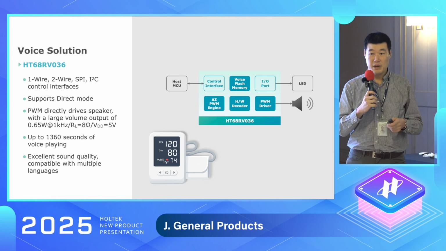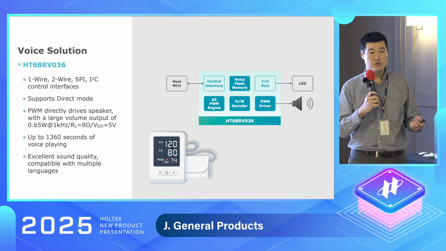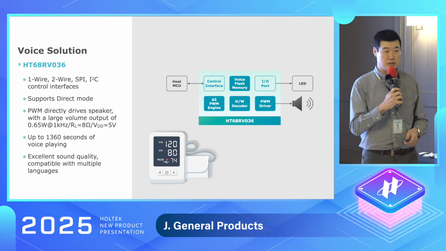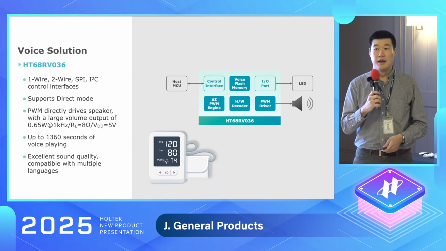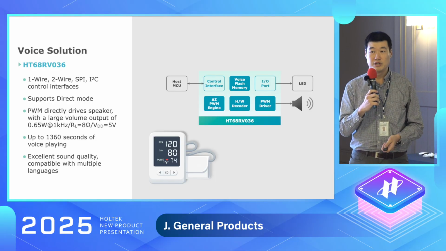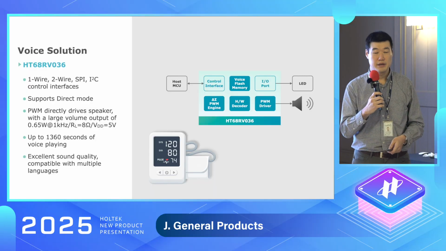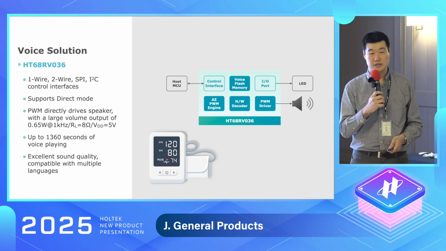You can use a key button to play the voice. And the PWM driver can push the speaker directly. You don't need an external audio amplifier. And the flash can store up to 22 minutes of voice playback. And Delta Sigma PWM can deliver very good quality sound.